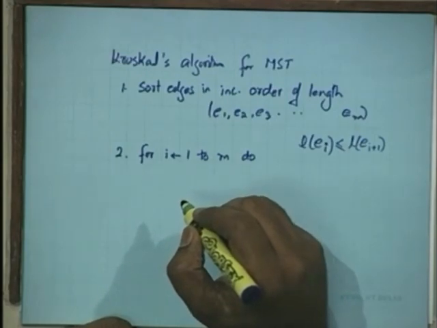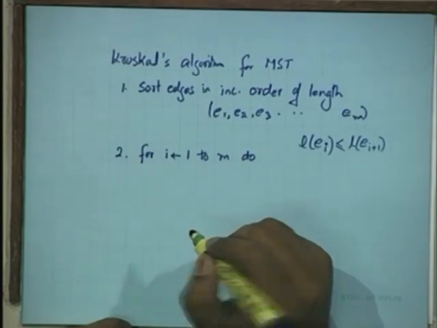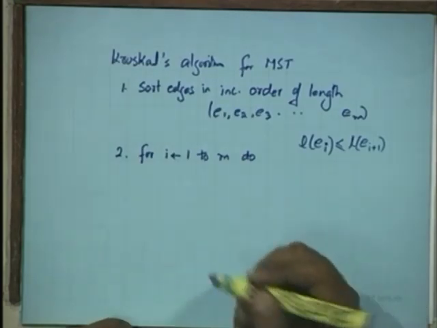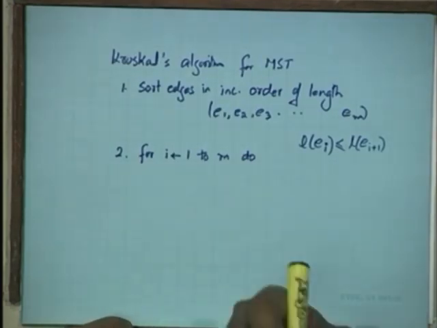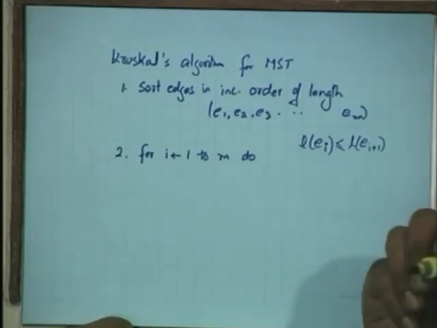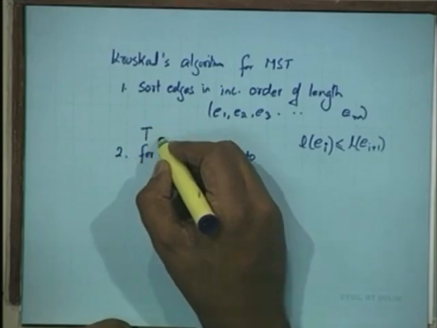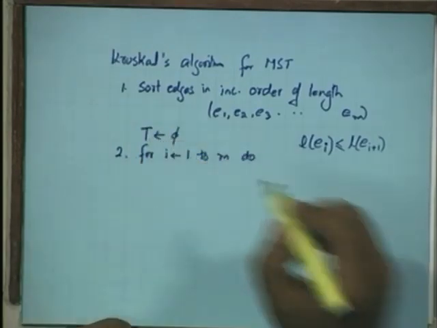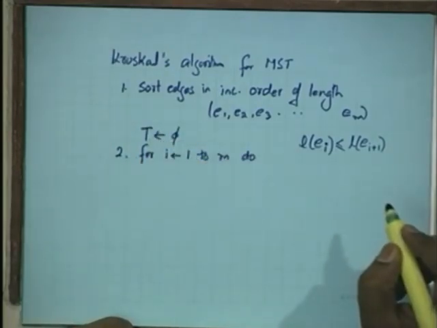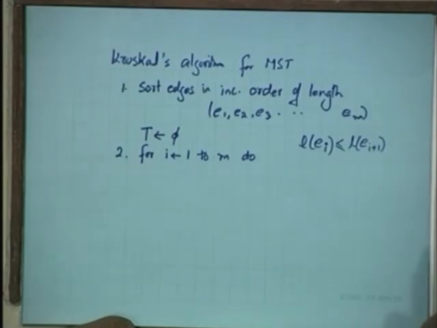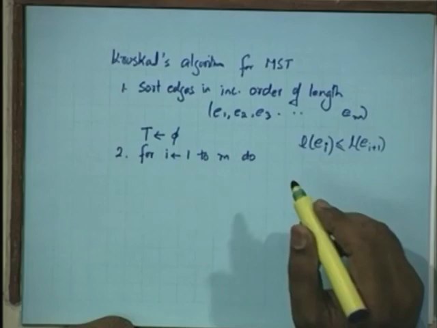What should I do? Take the first element. Take Ei to the spanning tree. So we need to define some spanning tree, right? So let's say my spanning tree is T, which is initially null, right? T is a set of edges. So what should I do now?